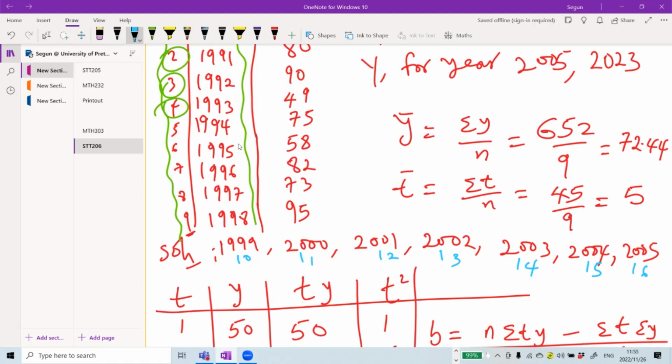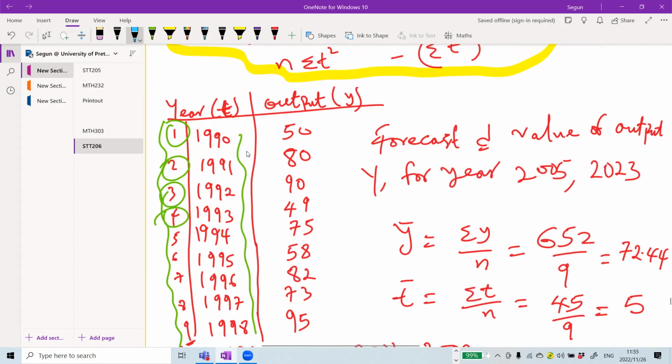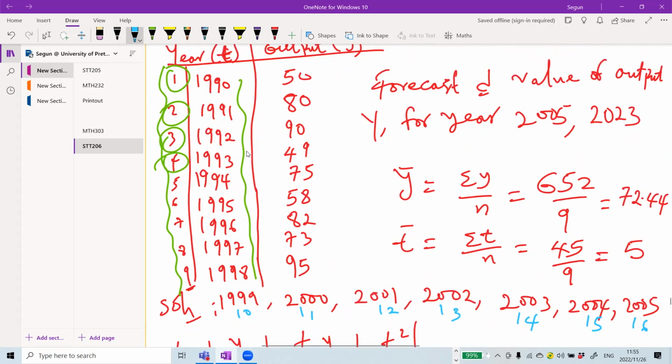Are you getting it now? Okay. From 1990 to 1998, we have how many years? Let me explain things to you. This time series we are doing is not the way you count your age.